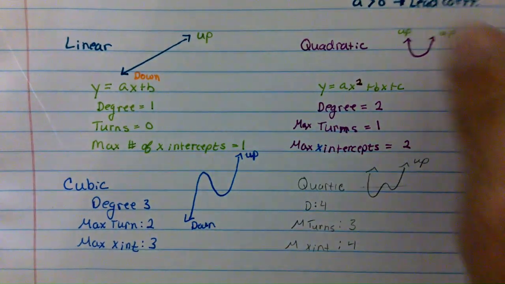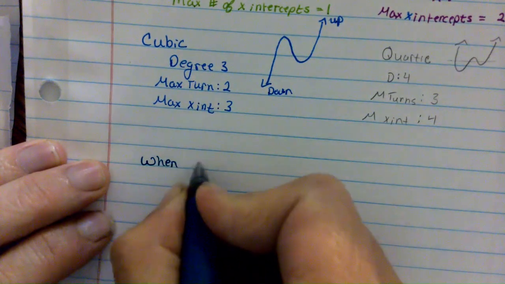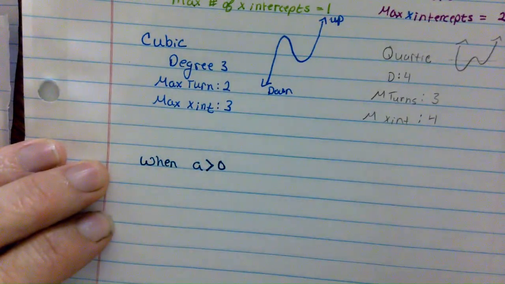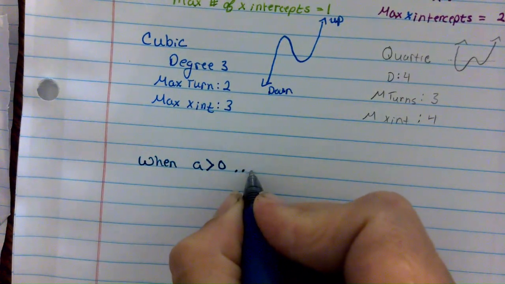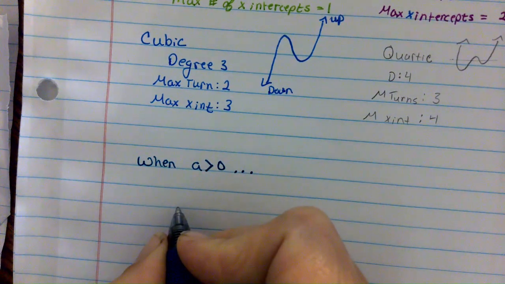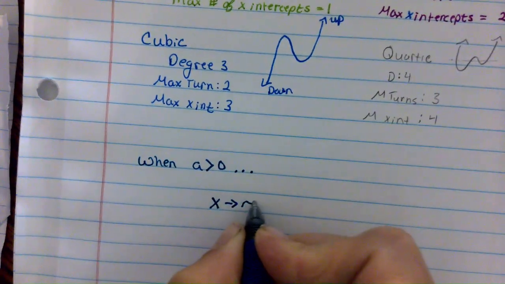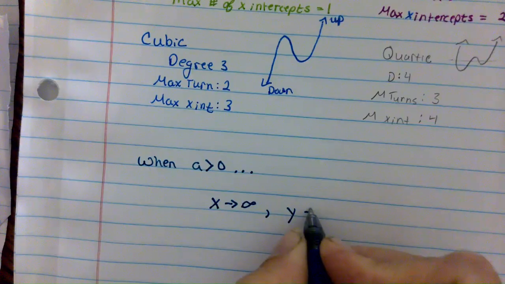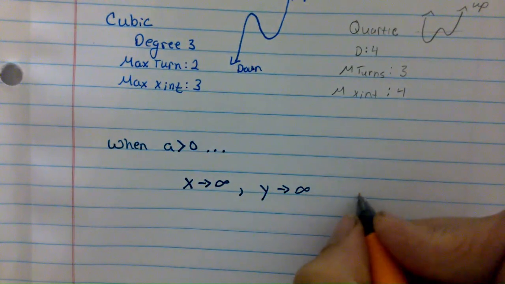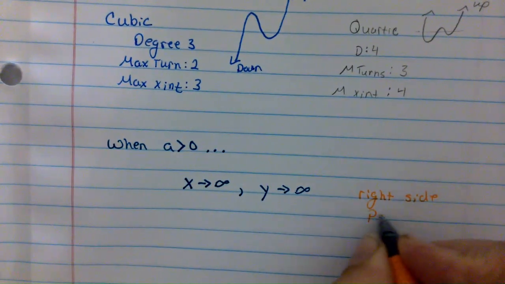So the way that we can summarize this is, when a is greater than 0, as x approaches infinity, y approaches infinity. In other words, the right side points up.